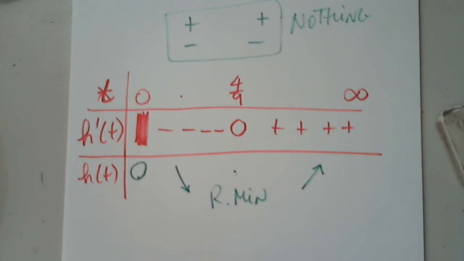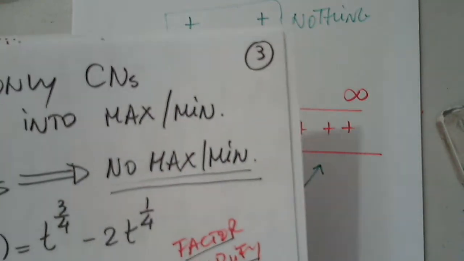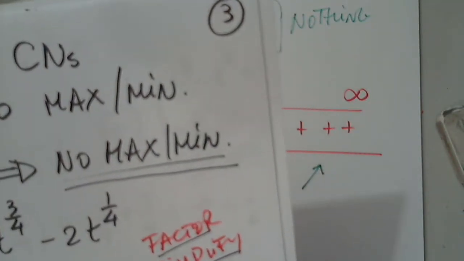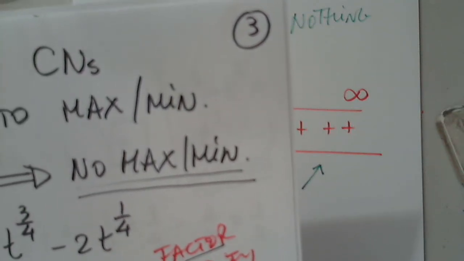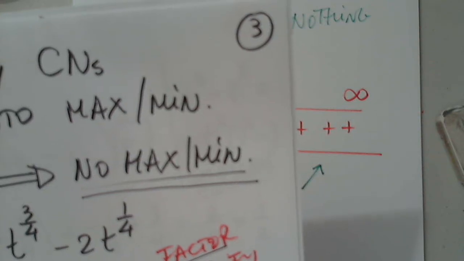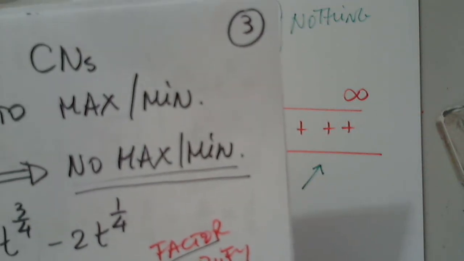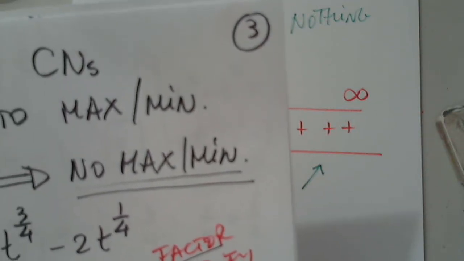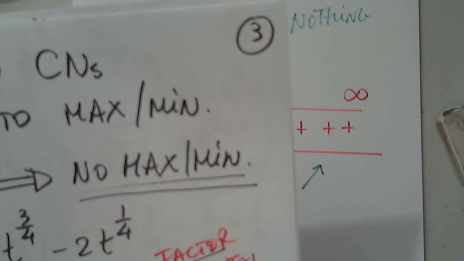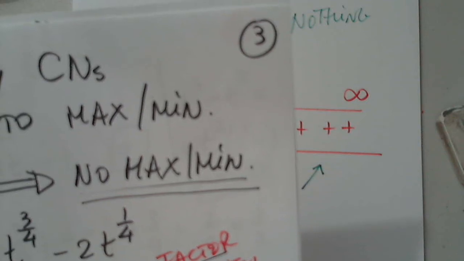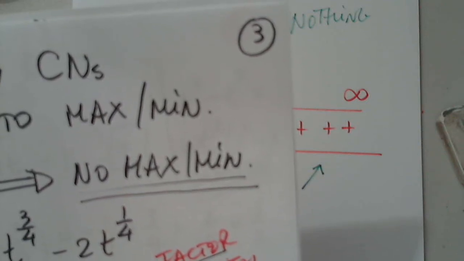And the original function was, where is the original function? The original function was t to the power 3/4, and then minus 2 t to the power 1/4. You know I love my parentheses.